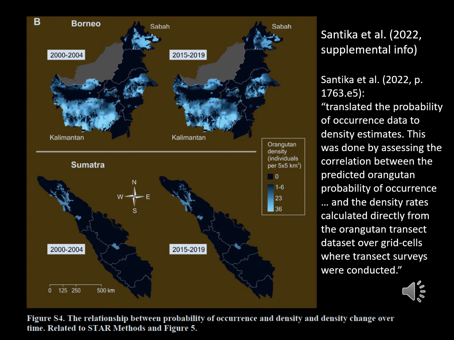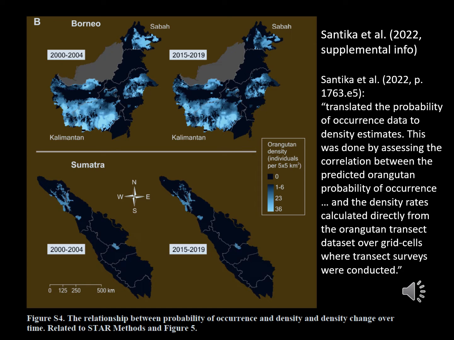The authors combined field surveys with interviews with people living near orangutans to gather data on probability of orangutan sightings. Santika and colleagues subsequently translated the probability of occurrence data to density estimates.